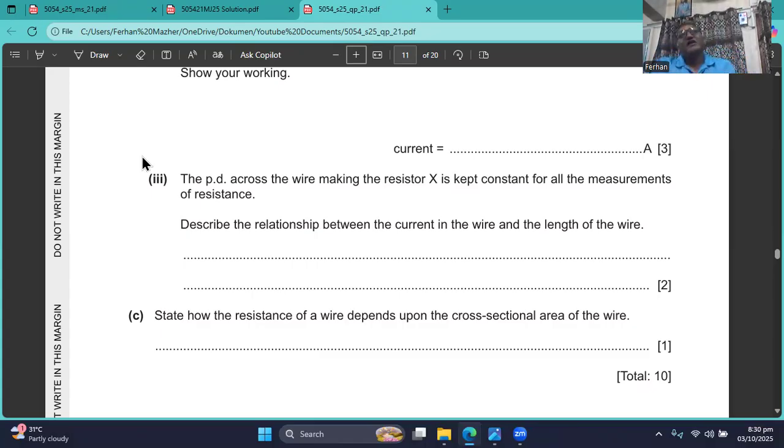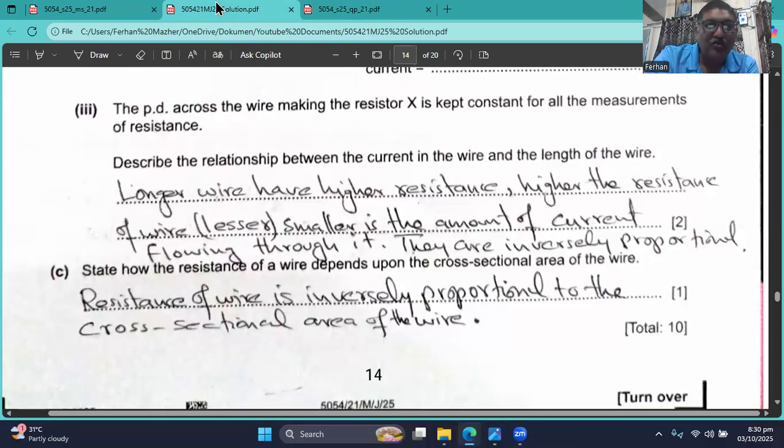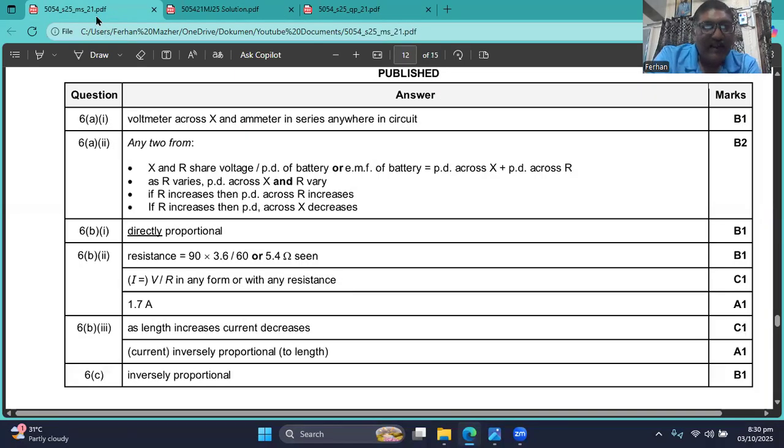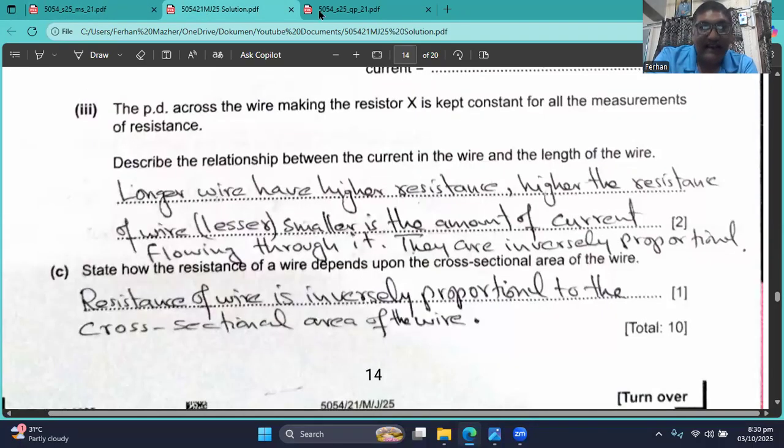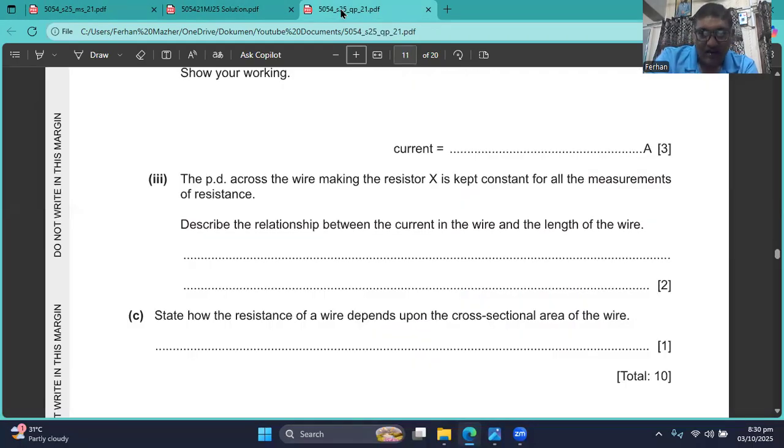That's why we say thick wires have less resistance and thin wires have higher resistance. It's a 1-mark question. You only have to state that the resistance of a wire is inversely proportional to the cross-sectional area of the wire. So we are done with question number 6. That question was of 10 marks and I hope you understand.